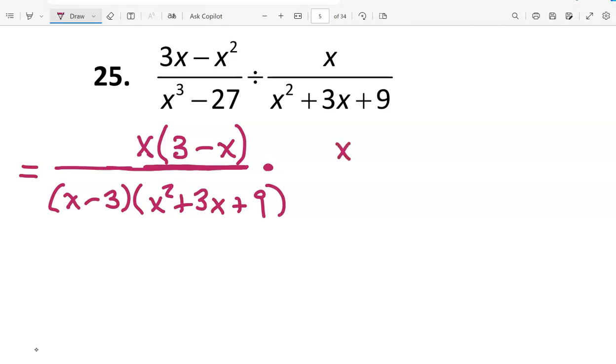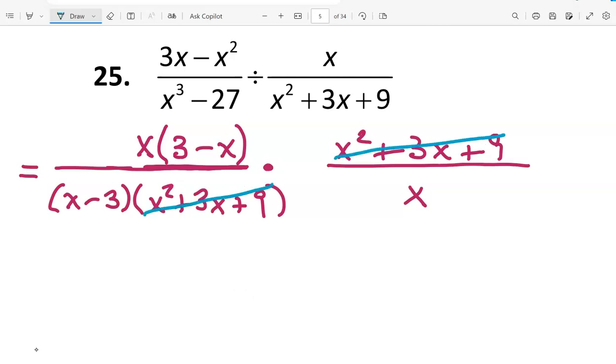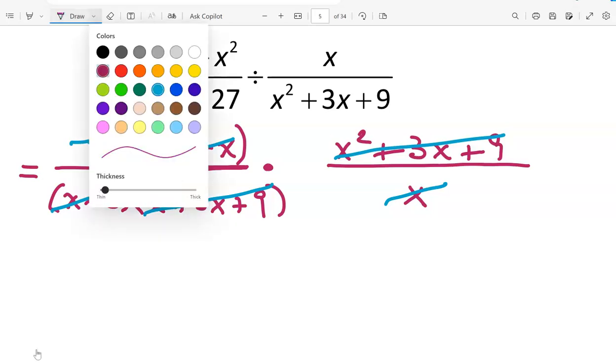And then we're going to flip the second fraction. X squared plus 3x plus 9 doesn't factor, don't worry. And then we can cancel the common factors of x squared plus 3x plus 9, cancel the common factors of x, and our x minus 3 and 3 minus x are opposite factors. That's going to leave us with a factor of negative 1 in the numerator.